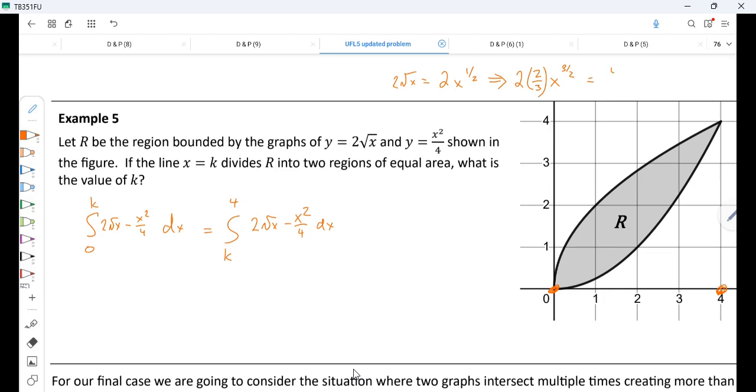So that's where 4/3 x to the 3/2 came from, or 4/3 square root of x cubed, which again, we are going to take the square root of x and then cube it.